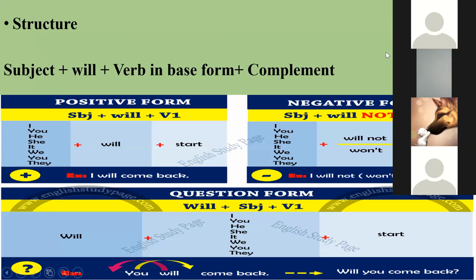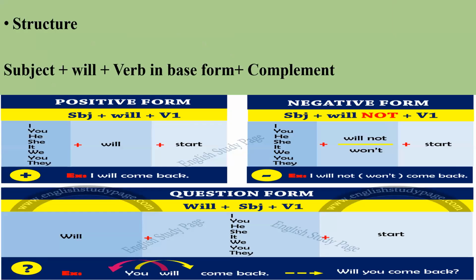We have positive, negative, and interrogative sentences. In positive sentences, I just need my subject, my auxiliary verb, that in this case is will, and my verb in base form. Example: I will come back.